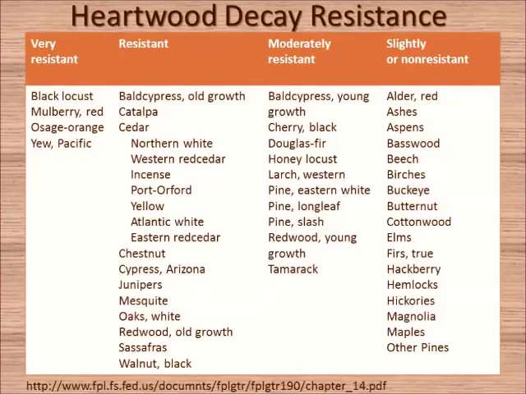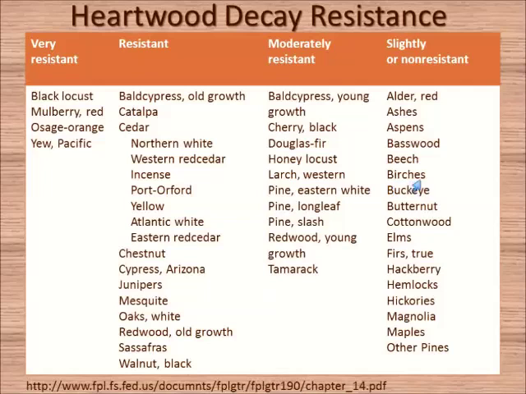So different species of trees have different resistance to decay. Some are very decay resistant and some are not. Here I'd like to point out, for example, black locust, which is used frequently in urban settings, is very resistant to decay in comparison to things like aspen, which are notorious because they're very susceptible to decay, or birch, which is also very susceptible to decay.